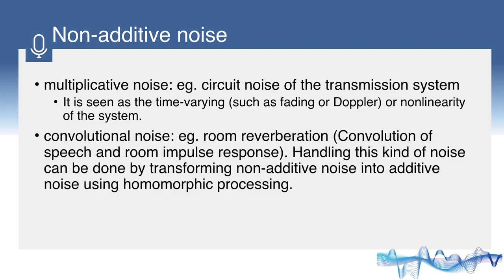Convolutional noise, for example, room reverberation, which is the convolution of speech and room impulse response. Handling such kind of noise can be done by transforming non-additive noise into additive noise using homomorphic processing.